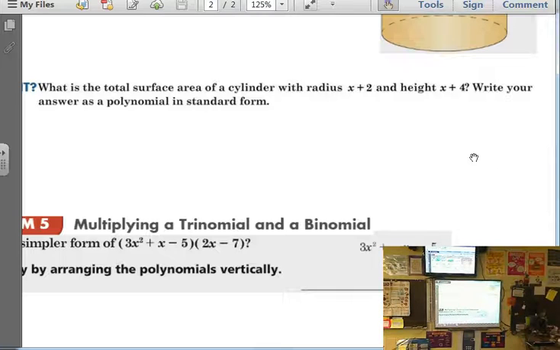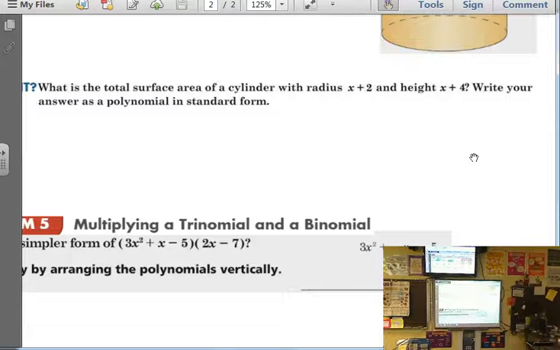Or if I FOIL, firsts give me x squared, outers give me 1x, inners give me 1x, so those together give me 2x, and then these give me 1. Regardless, I get x squared plus 2x plus 1, and then the pi has to distribute to all of those.